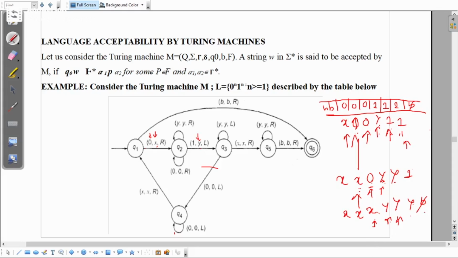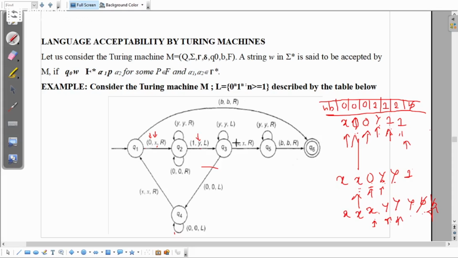So when you reach a blank, you just do B B R, that is sufficient, and you will land on another blank, and that is nothing but you have reached a final state.